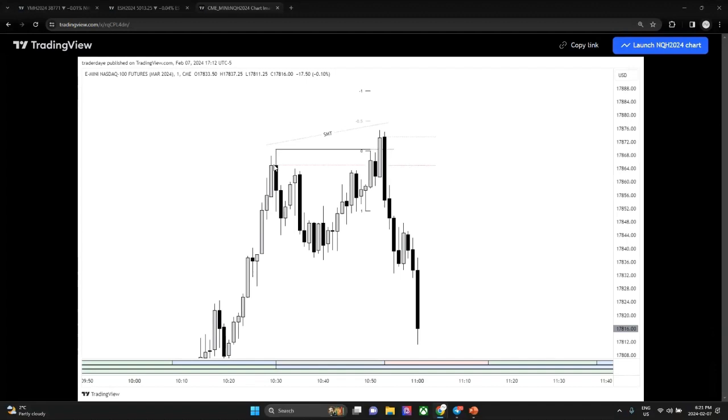Because this revolving true open right here is literally the candle that played a part in the SMT, which means that this candle was ran through by this one. So we have time and time: revolving true open, ran through by true open.